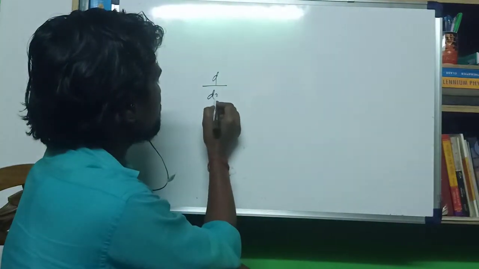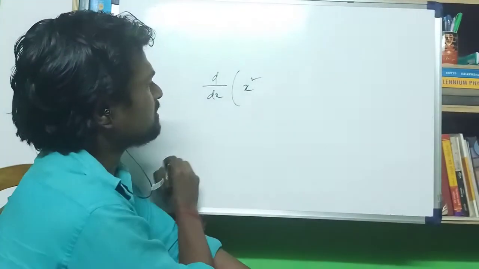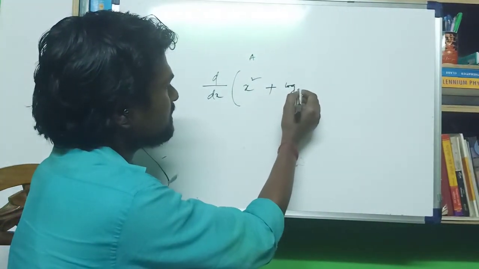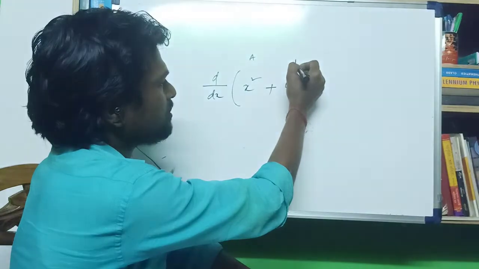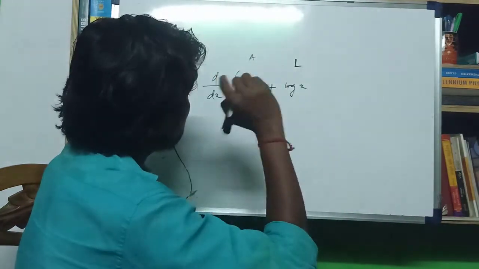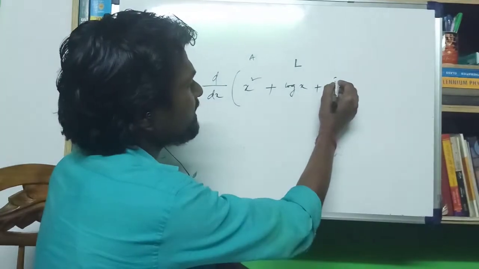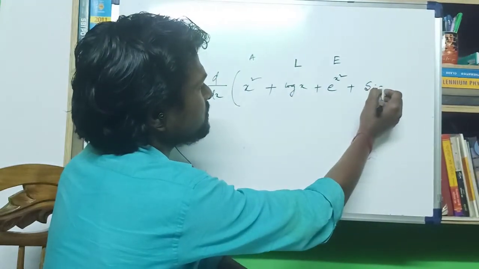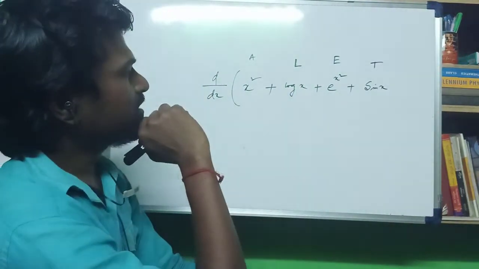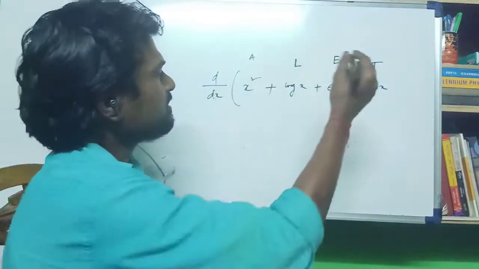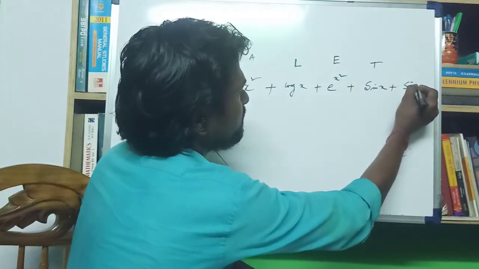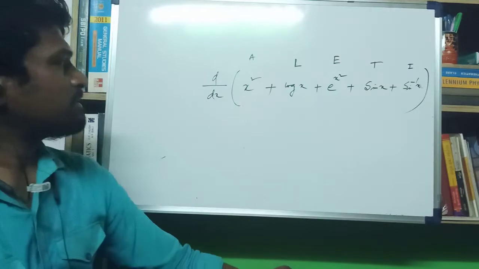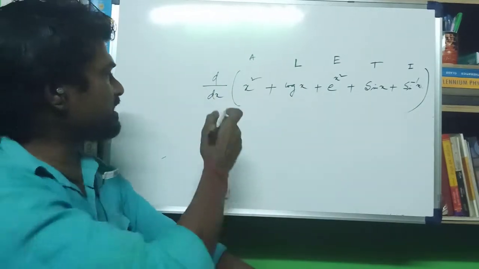So d/dx of x square, that is an algebraic function, plus log x, so this is a logarithmic function, plus e to the power of x square, so it is an exponential function, plus sine x, so it is a trigonometric function, and then sine inverse of x, so it is an inverse trigonometric function. So there are 5 functions and the rules are different.